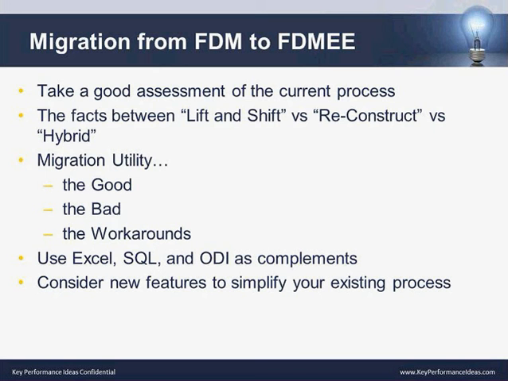Once you go through that, you're going to want to consider new features well ahead of time to simplify your existing process. Using the Excel interface upload feature that we talked about just now can also reduce some application rebuild. If an administrator can export location detail from Classic to Excel, you can just upload that directly into FDMEE.